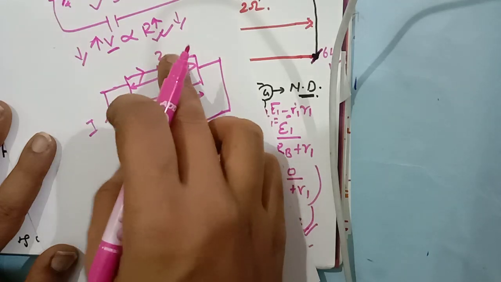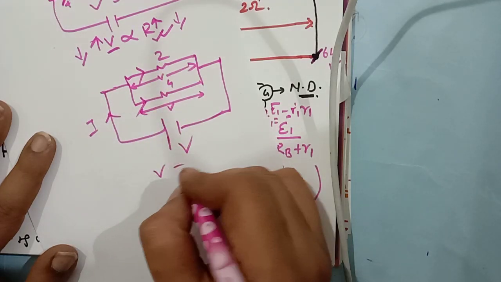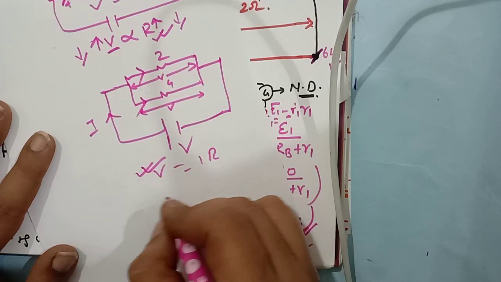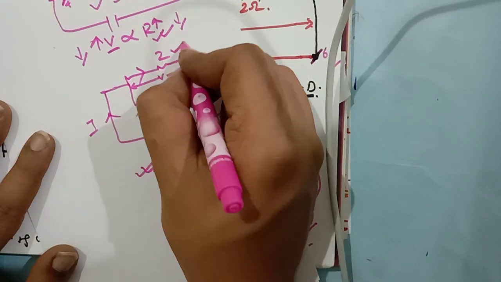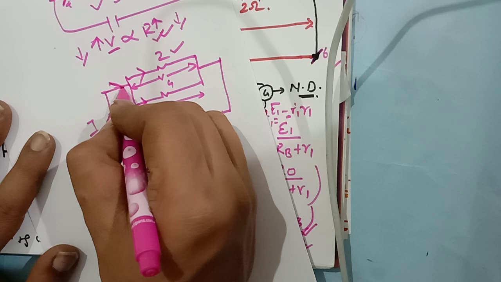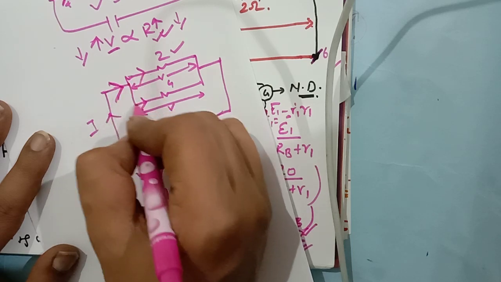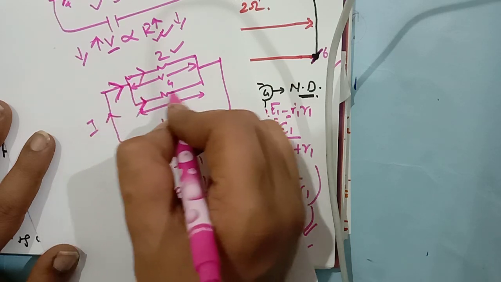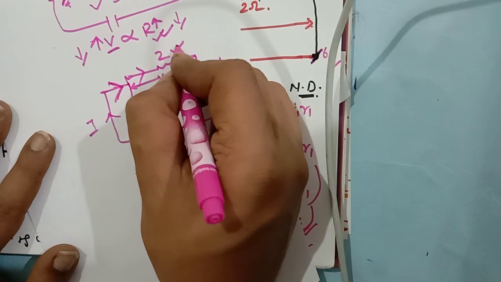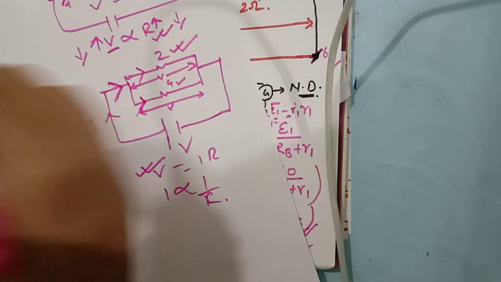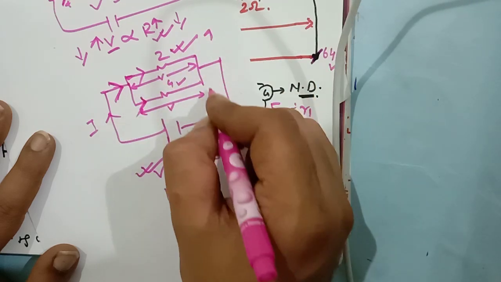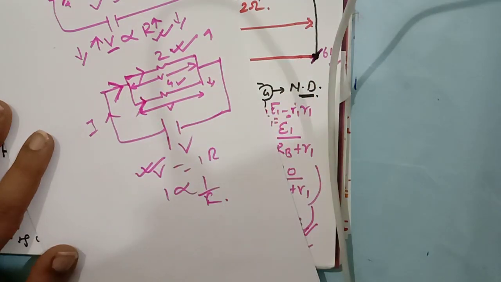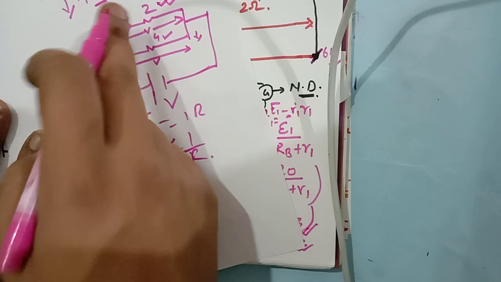So if V is the same, V equal to IR, I is inversely proportional to R, right? So obviously, when the current reaches here, it will have two paths, one with more resistance and one with less resistance. It will go more through the less resistant path and less through the more resistant path, right? So that is the opposite ratio over here.